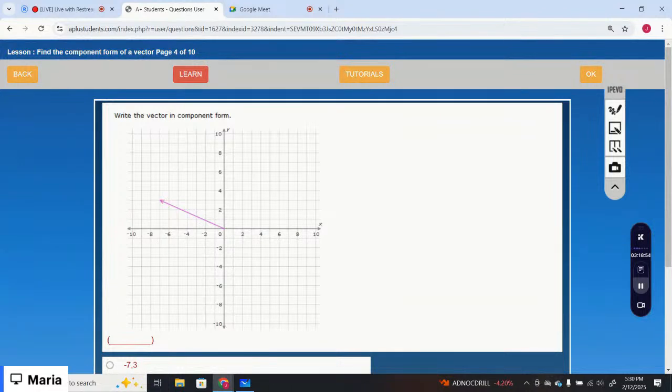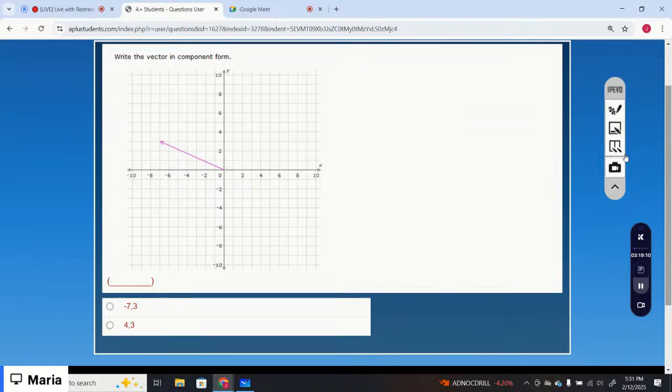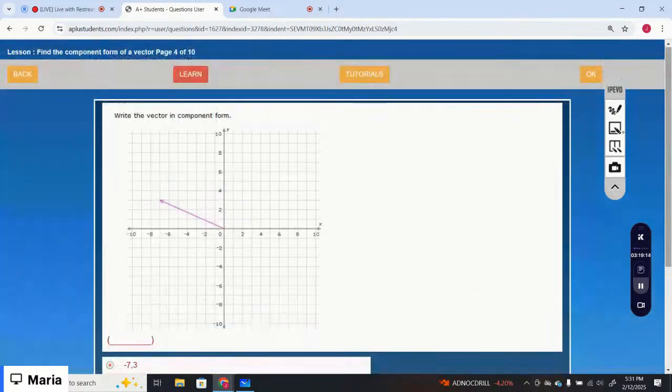Write the vector in component form. So which is the correct option? That is negative 7 and 3. Option number 1 is the correct option.